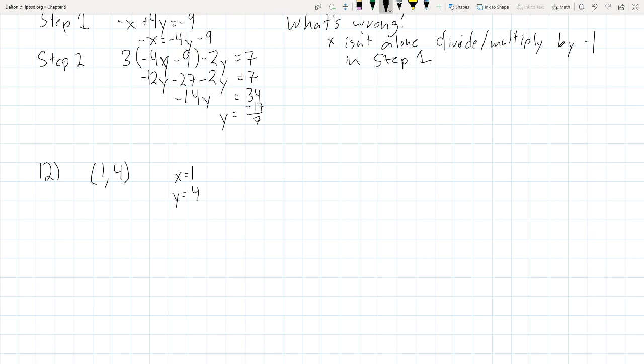Now, I'm a very firm believer in keeping it easy on yourself. So when I look at this, I say, okay, how can I go from 1 to 4? Well, if I go 4 times 1, I'm going to get 4. So I could write that as 4x equals y. So there's 1.